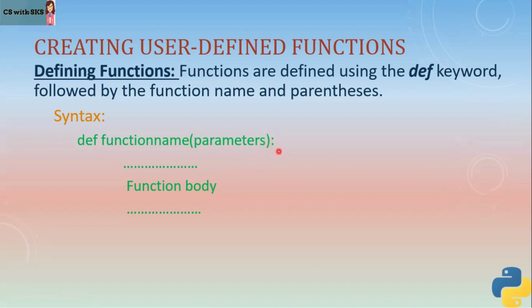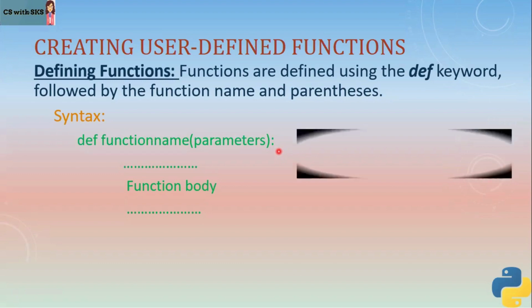Colon is very, very important to put, because once you put colon, rest of the statements that you write will be part of the function that you are defining. So indentation will come automatically. And once you're done with writing all these statements which are part of the function, you can just come out of that block by removing the indentation, right? So that is how we define a function.